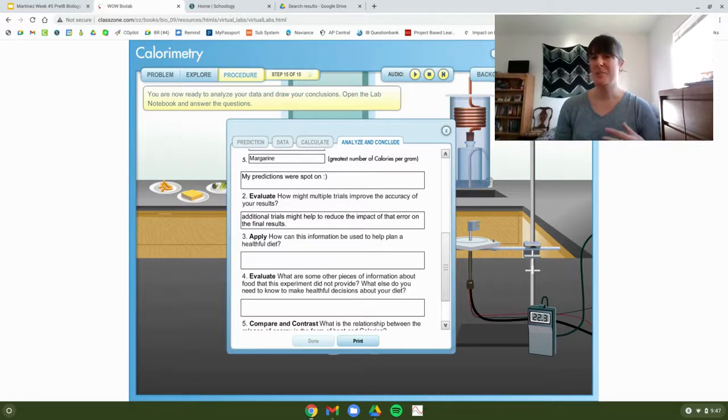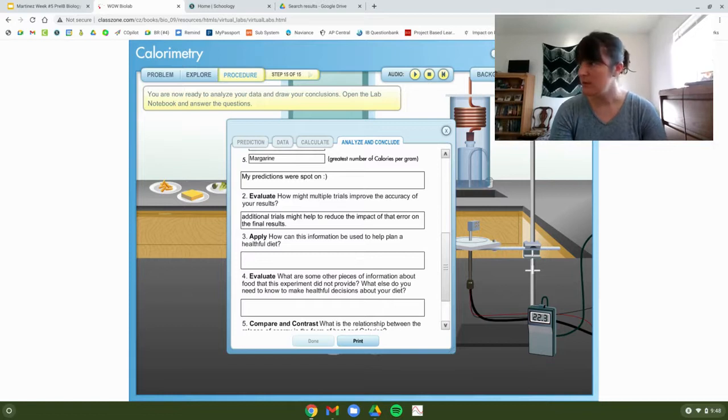For example, I can imagine some of this heat being lost through the calorimeter. I could imagine not the same amount of every food being burned. I could imagine getting temperature at a slightly wrong time. And if I had multiple trials for each one, like say 5 trials or even 10, then I would have a large enough sample set to reduce some of that error.